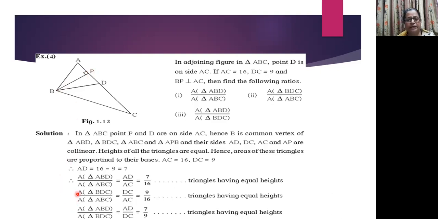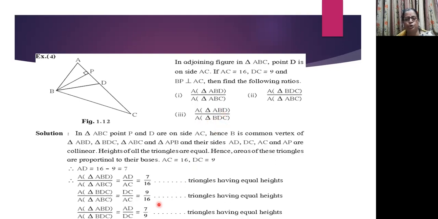So the area of triangle BDC divided by the area of triangle ABC is equal to DC divided by AC, which is equal to 9 divided by 16. Their height is equal.